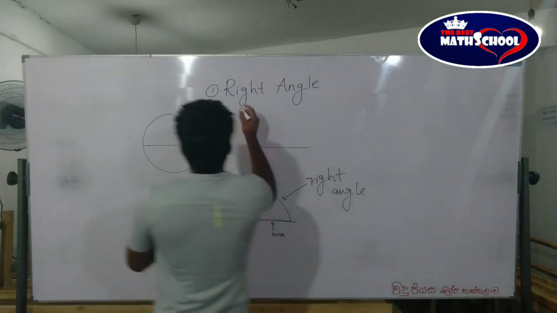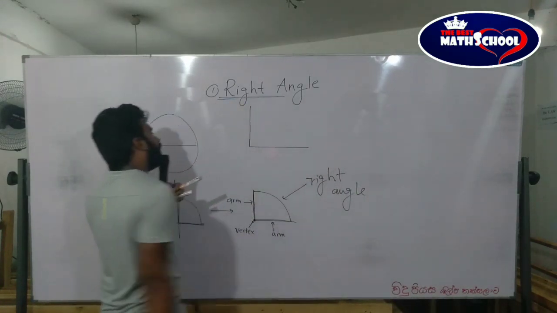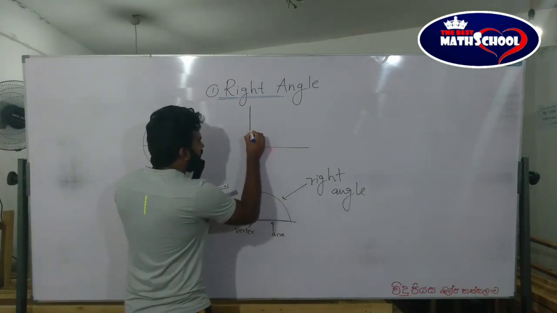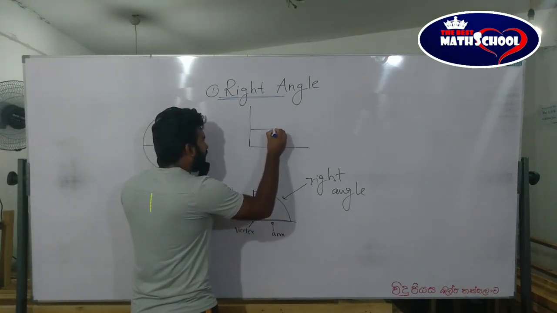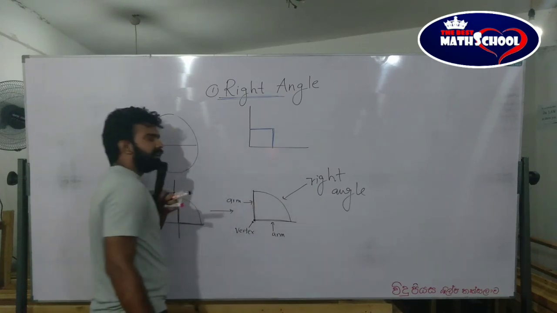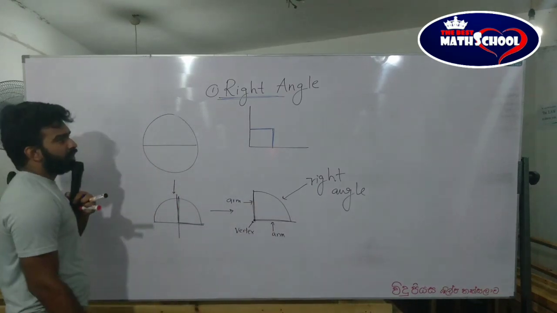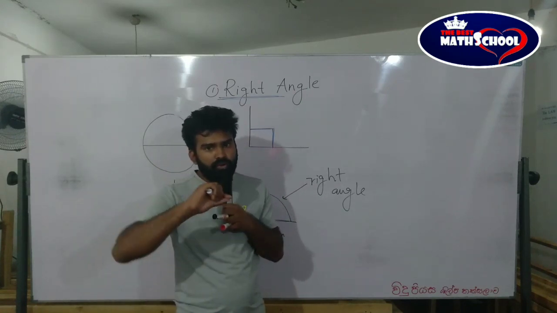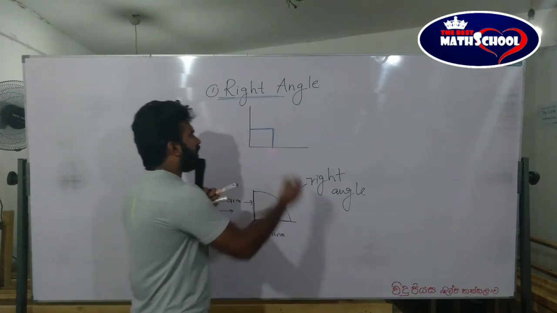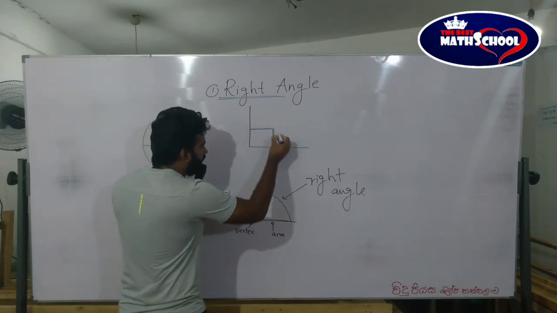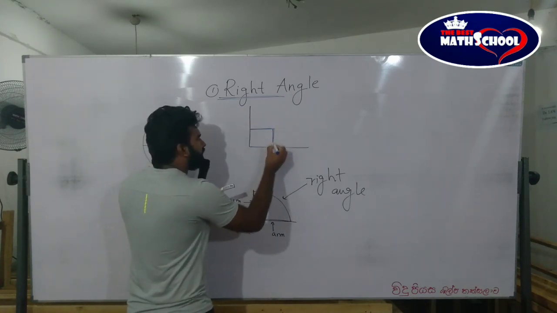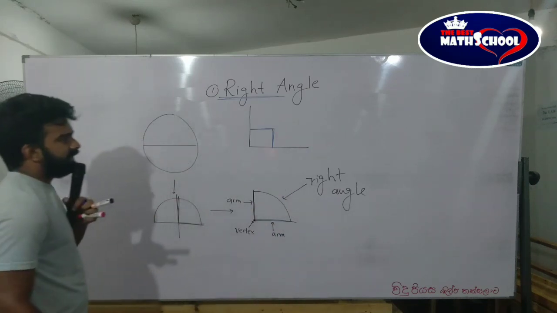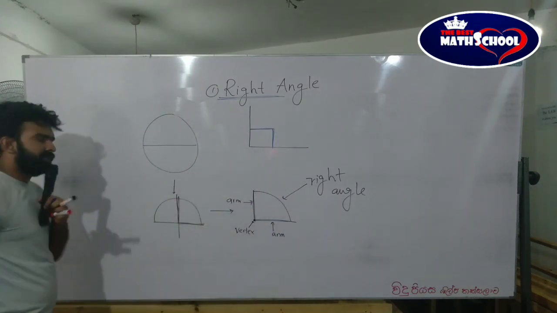Only for right angles, we are using a symbol like this to indicate it is a right angle. Got it? So, whenever you see a right angle, to indicate it, you are not going to use a curved line segment. You should use this symbol like this. So this will be a right angle. That's all. Right. Take this down first.